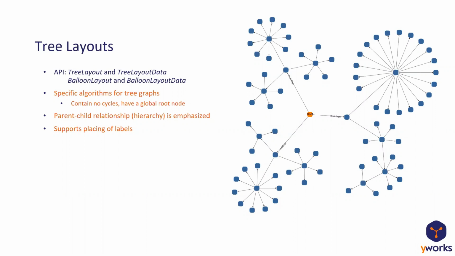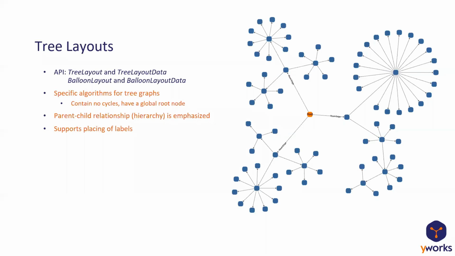The tree layouts nicely emphasize this relationship between the parent and child nodes in a diagram. For example, in the sample shown on the slide now, you see that child nodes are placed on a circle around their parent. So the relationship between parent and child nodes is always nicely emphasized by tree layouts.